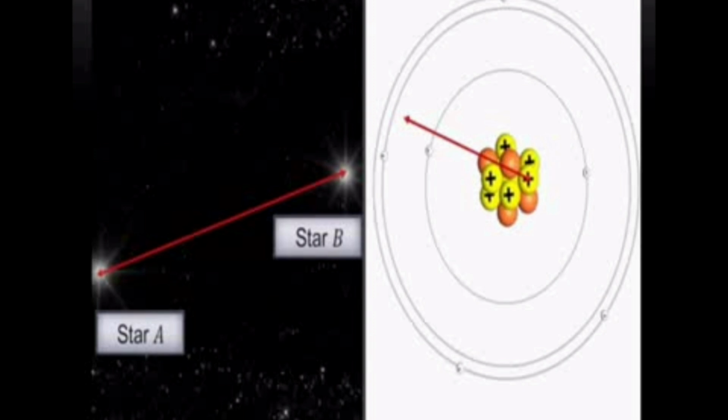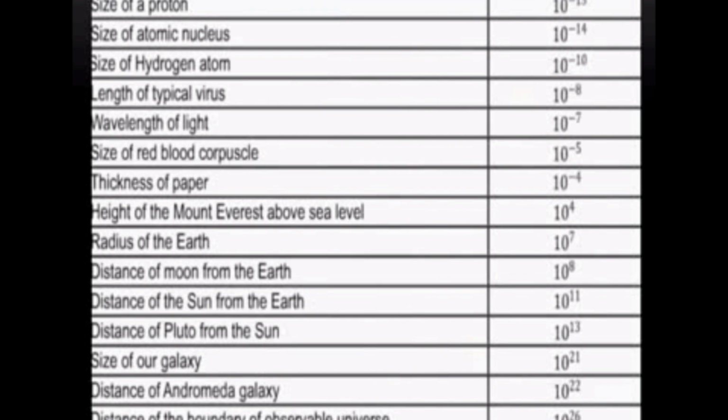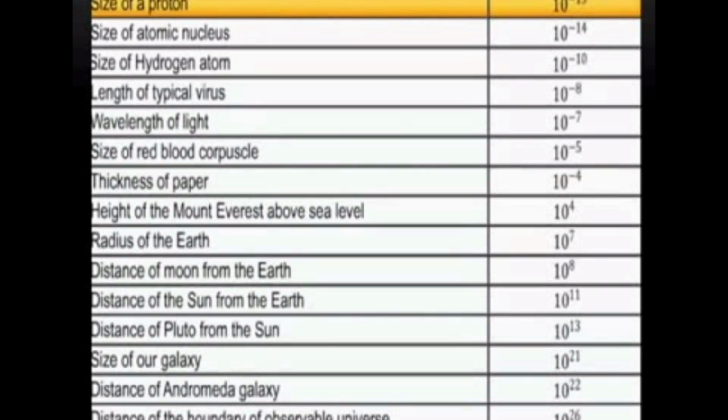By using such measurements, we can measure the distance between two stars, star A and B, and we can measure the molecule size. These are some sizes of objects or distances. The range from 10 to the power of minus 15 to 10 to the power of minus 4 covers the smaller measurements, used for very small objects like proton, nucleus, atom, virus, light wavelength.